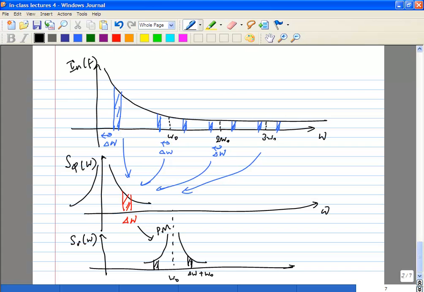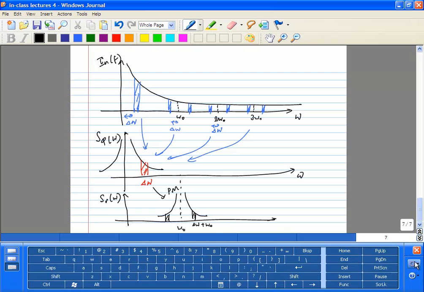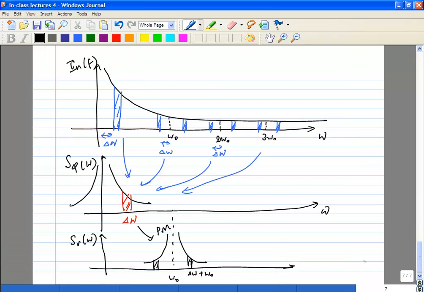So obviously the one to go from here to here is V naught of t. That's how you get from here to here, right? That's your phase modulation.